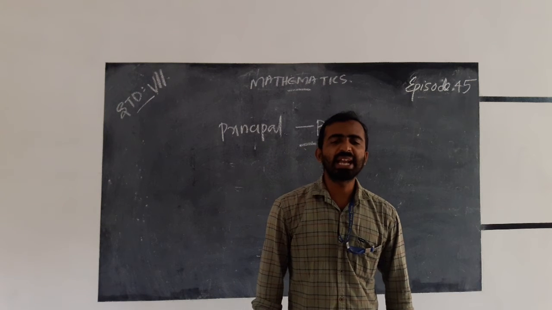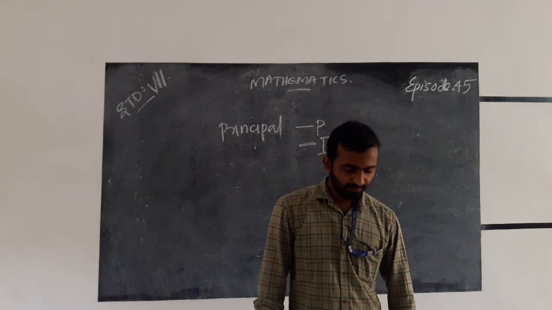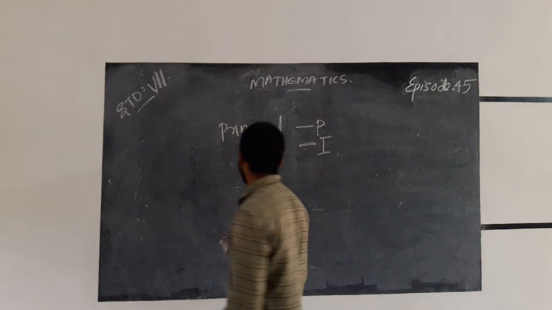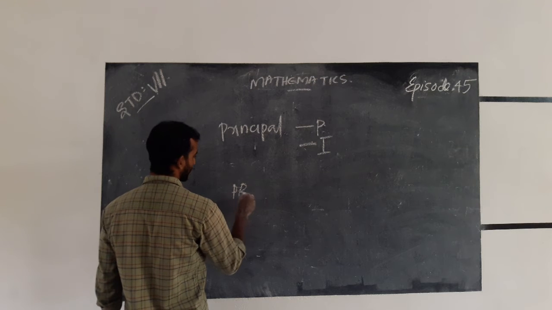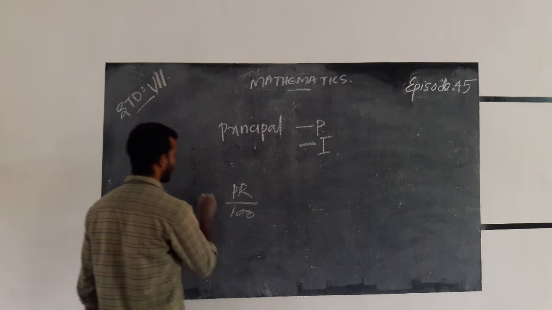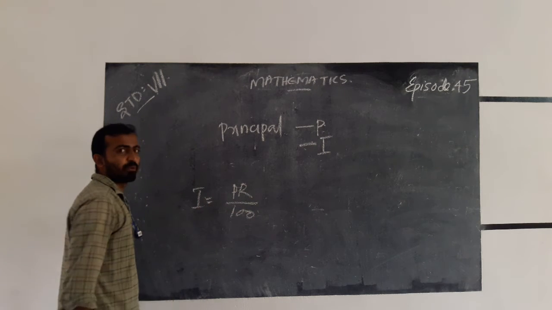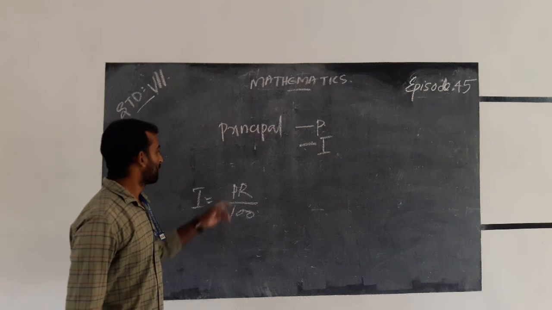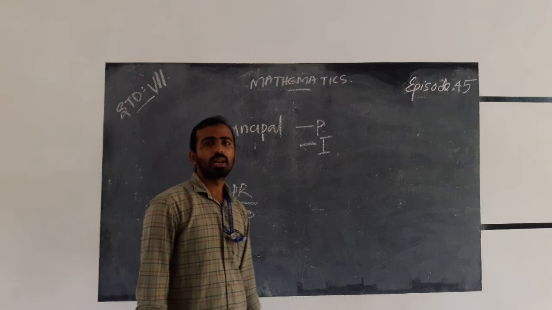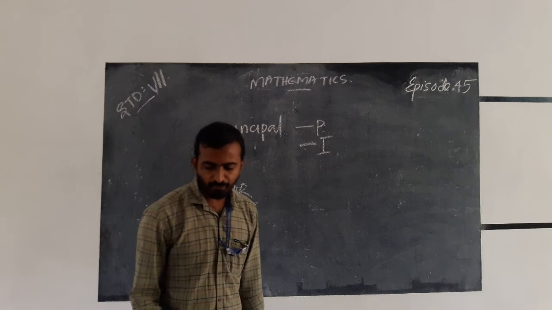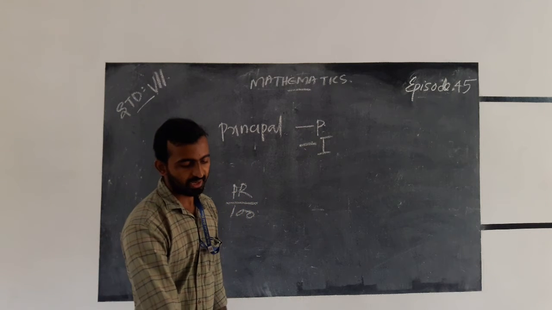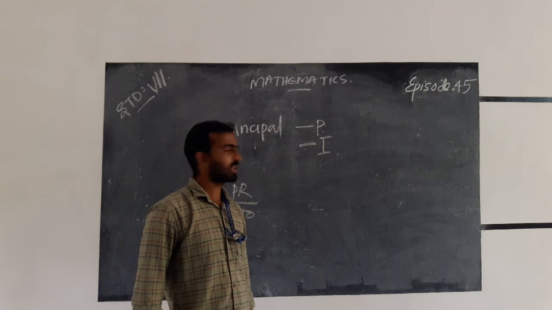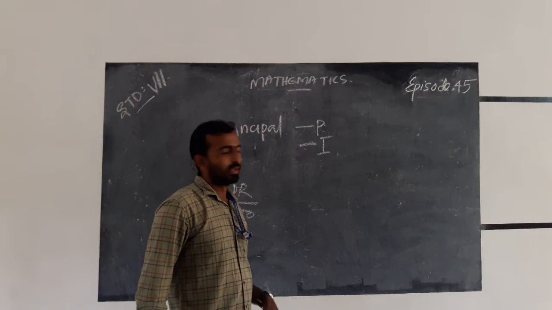The formula for finding interest for 1 year is PR by 100. Here P means principal and R means rate of interest, or percentage of interest, by 100.